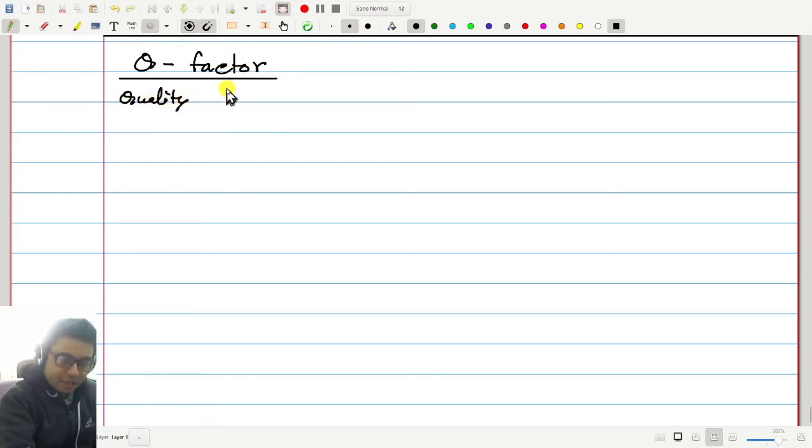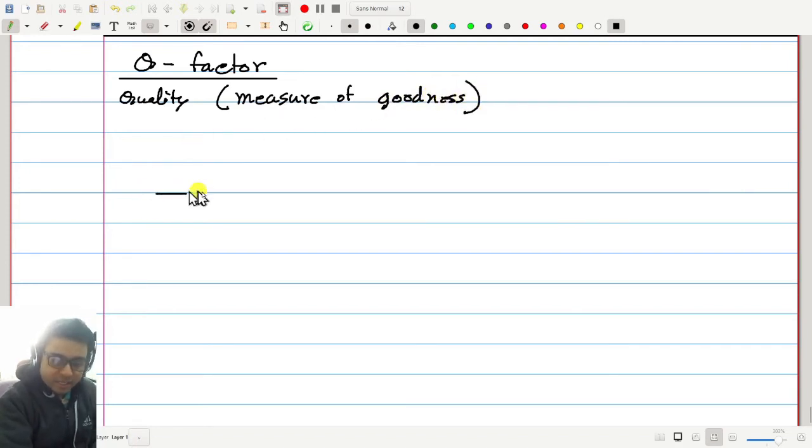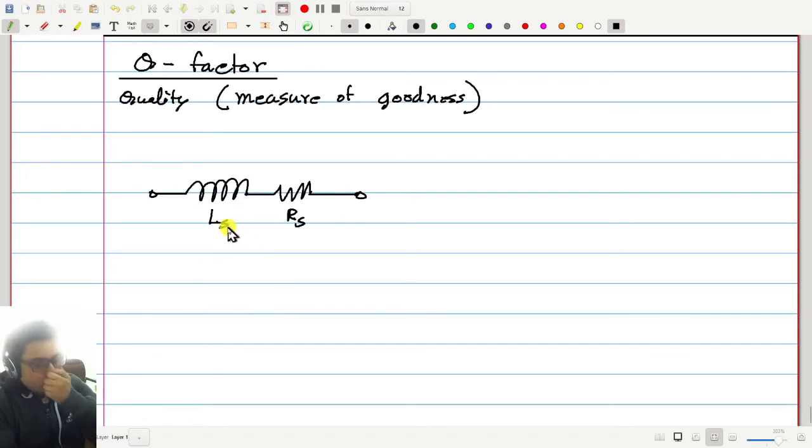This is, loosely speaking, a measure of goodness. Suppose we are considering a practical inductor which we have modeled as a series combination of Ls and some Rs. We can ask how good this practical inductor is, means how pure this practical inductor is. That will be given by the Q factor.